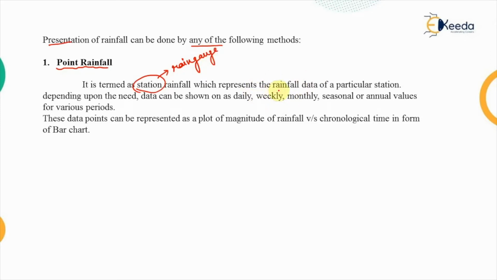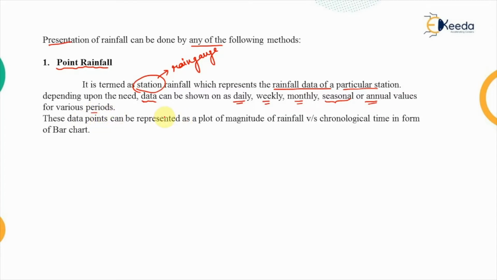That station represents the rainfall data of that particular station, and depending upon the need, this data can be obtained on a daily basis, every 7 days, or monthly. It may also be obtained based upon the seasons, or calculated for the complete year, that means the annual values, or for any other period for which the data can be collected.